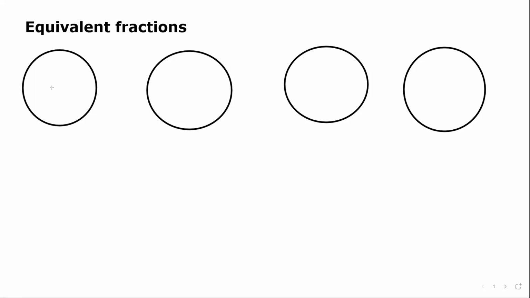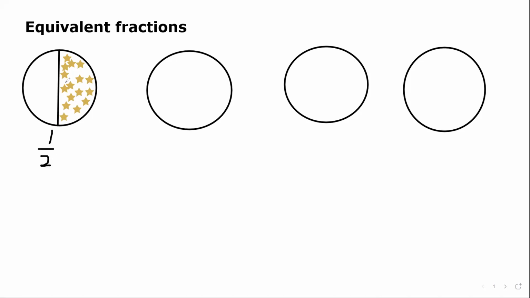Now with the first orange here, a person may decide to divide this orange into 2 equal parts, and then choose the half of it here, which represents 1 taken out of the 2.